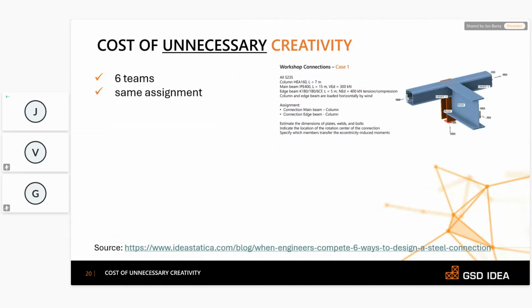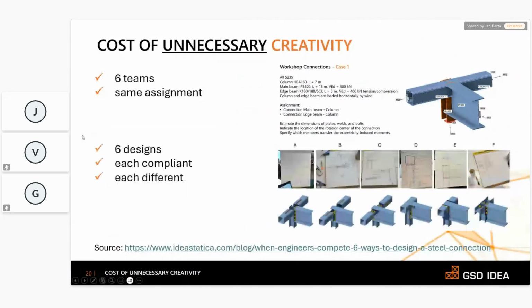Those 6 teams got the same assignment: design this connection during the workshop. There are some specifics you need to follow: I sections together with hollow sections, loaded horizontally by wind, etc. And what was interesting was that there were 6 designs in the end, each of them compliant with the requirements and with the codes.